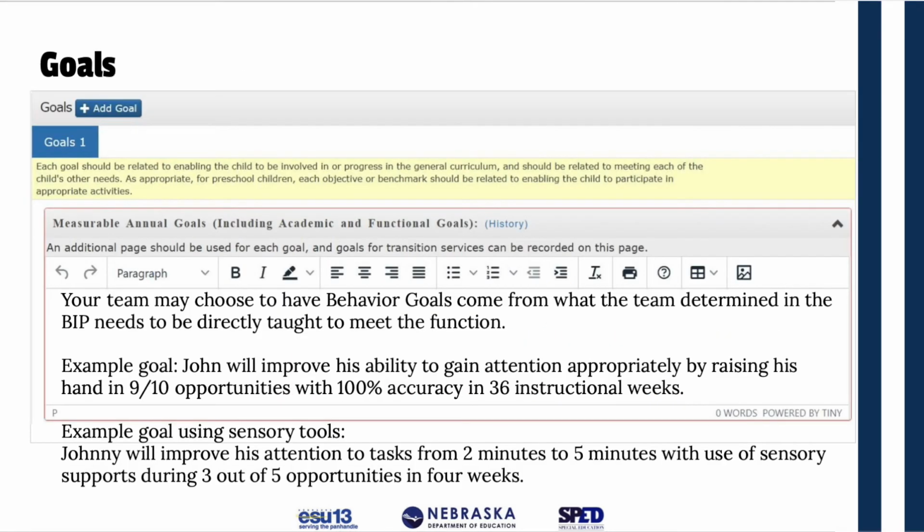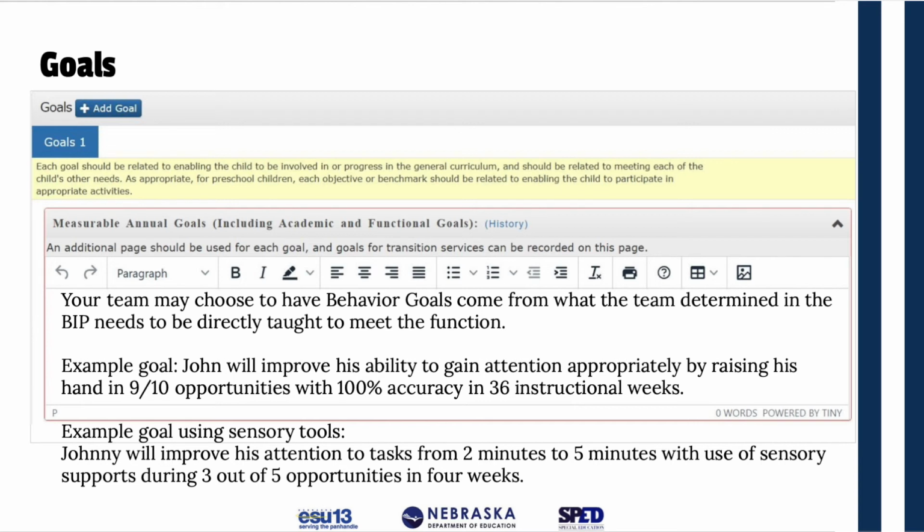In the goals section, we want to look at what we want to train in, what we want the student to do more of. So our goals are not going to be specific to decreasing a behavior, because decreasing a behavior is not really teaching anything. It's what we want to directly teach that we would want to put into the goal.